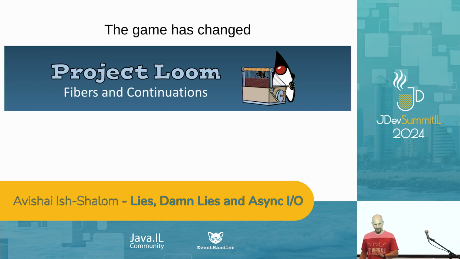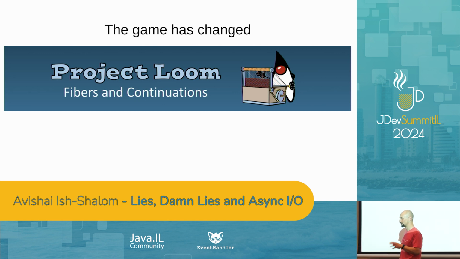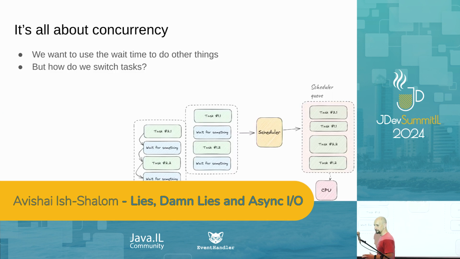Okay? So I want to start by talking a little bit about concurrency and how computers work, how CPUs work in general, because this is essential to understand everything that's related to asynchronous programming. So basically, we have a CPU and other resources, and those resources need to be shared between multiple processes or multiple tasks and so on.